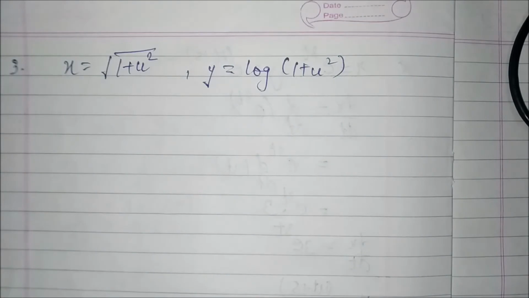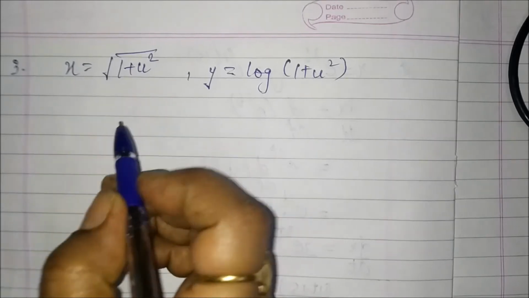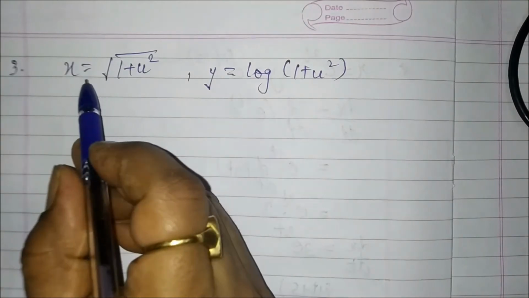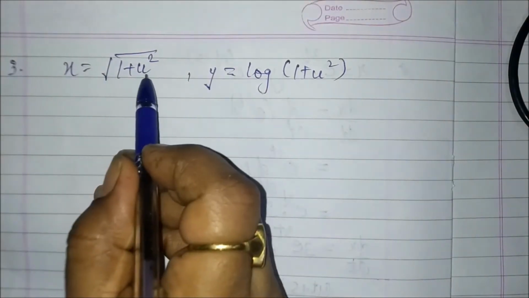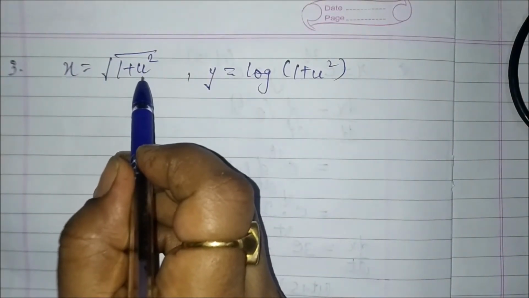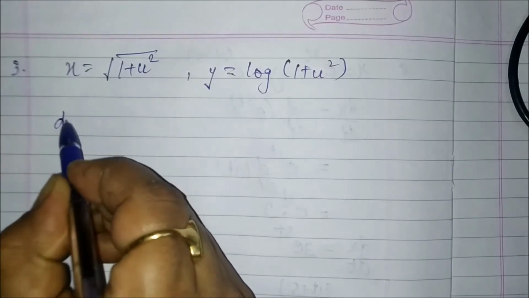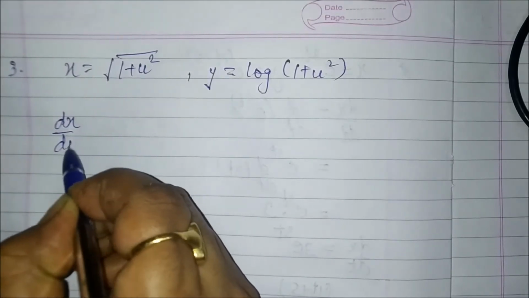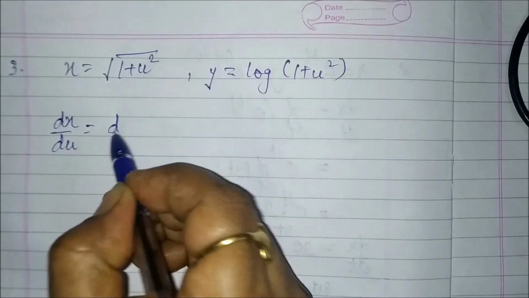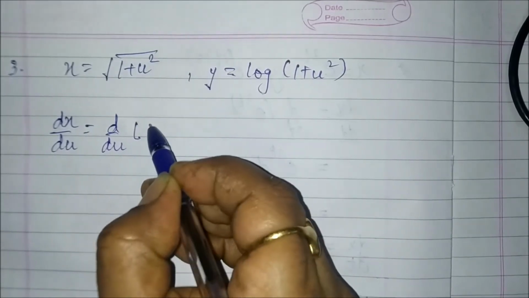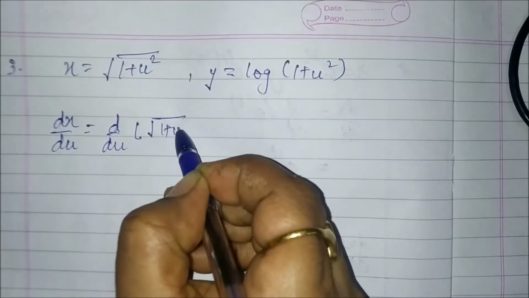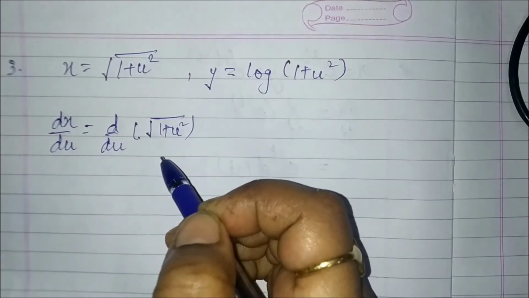See, here I have merged question number 1 and question number 2 from the textbook. So all the questions from 1 to 4 are continued. Here also we have to differentiate x with respect to u because the parameter is u here. So dx by du is equal to d by du of under root 1 plus u square. Clear?